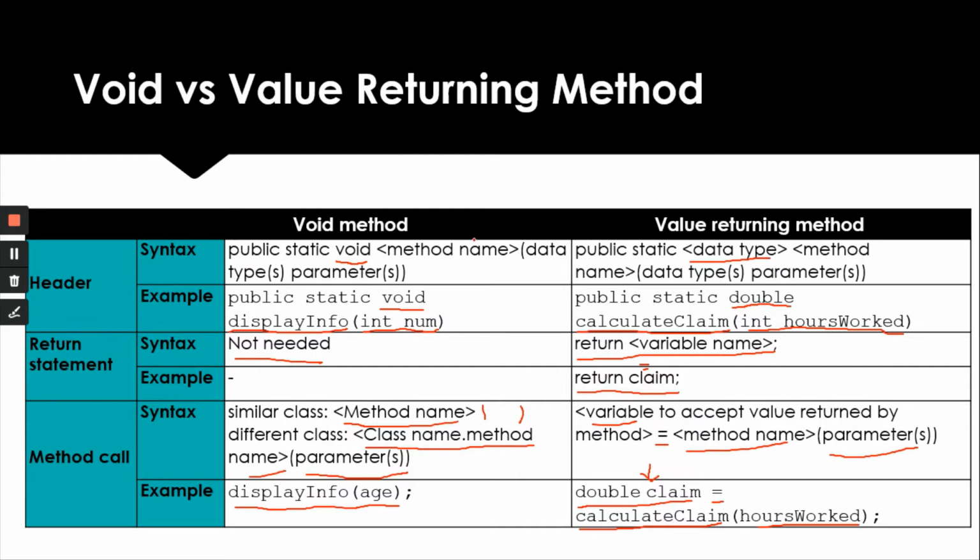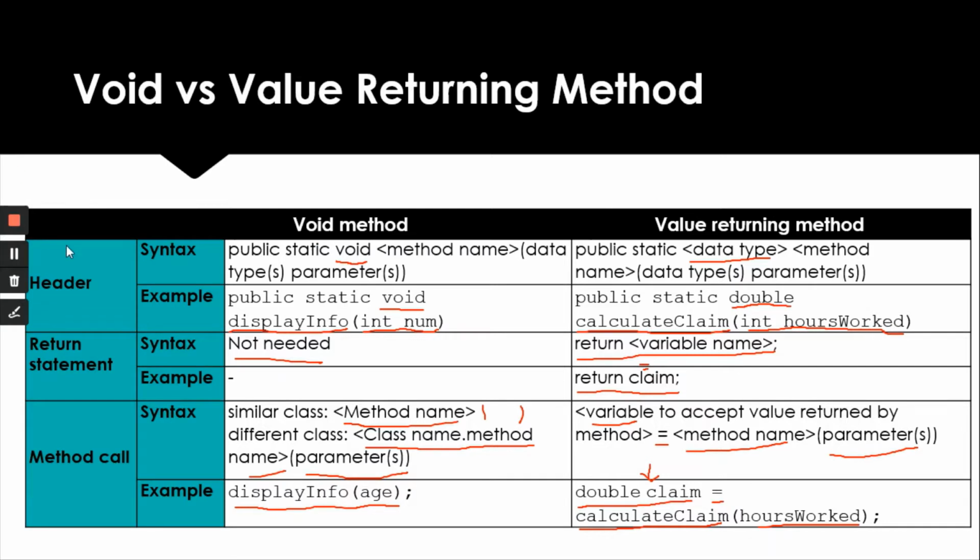Hopefully you have got the idea of the difference between a void method and a value returning method. Basically these three items are the things that you need to know when you work with a method. You have to be able to differentiate between the header of a void method and a value returning method, and you need to know about the return statement, and after that about the method call.